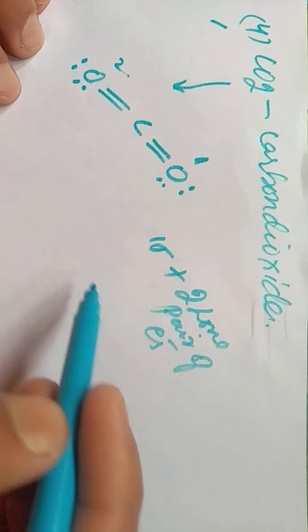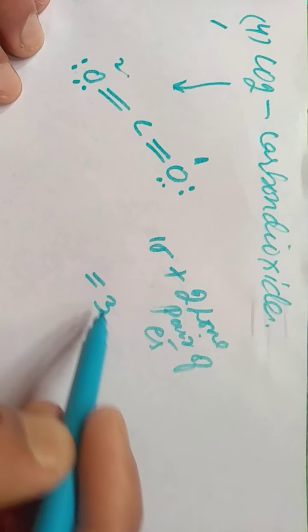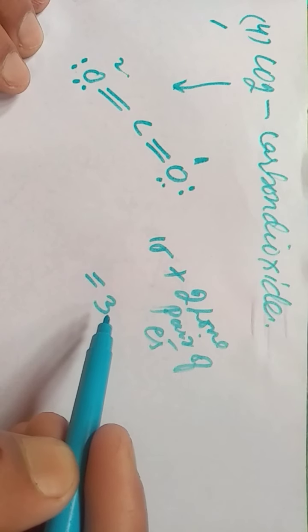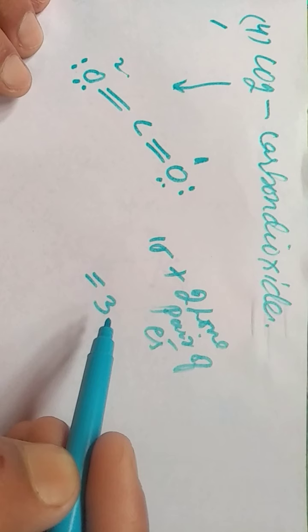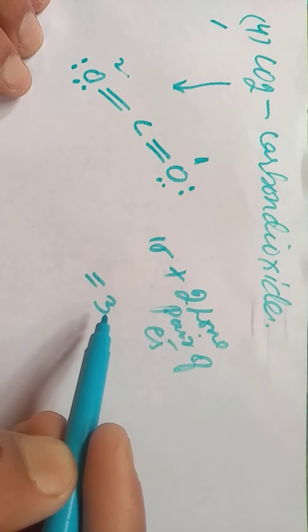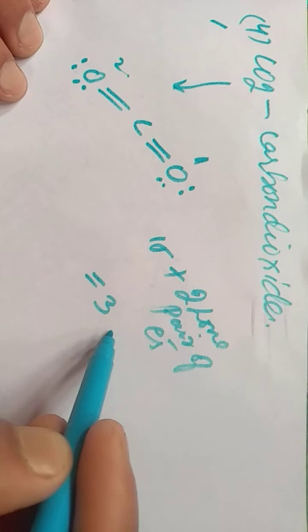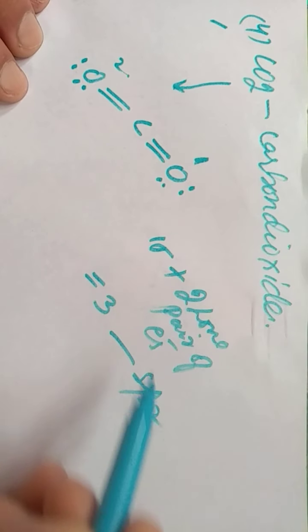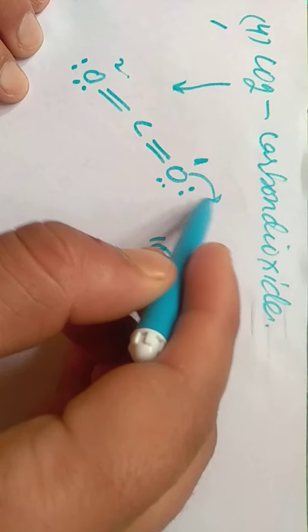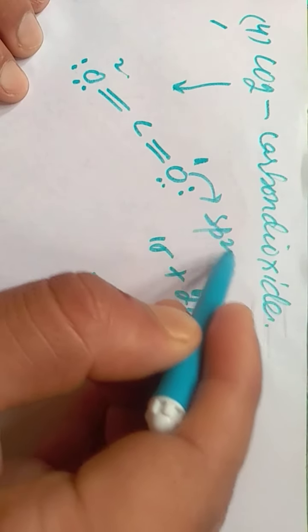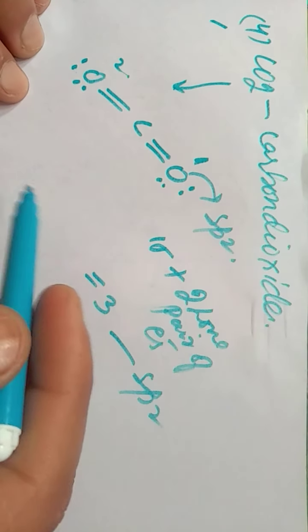So what is the total? Total is 3. I told you already, if the total comes 3, then hybridization is sp2. So this oxygen is sp2 hybridized, right?